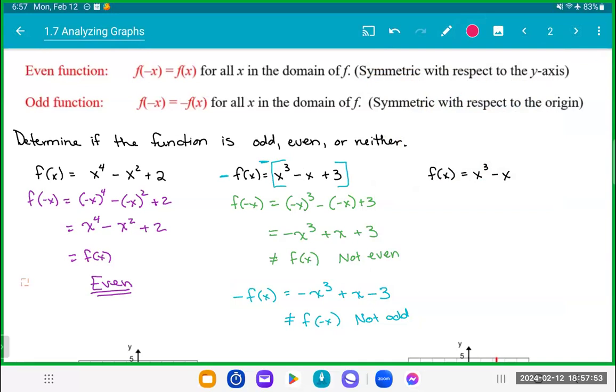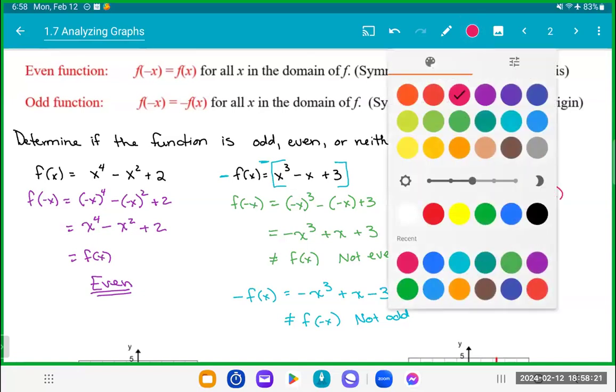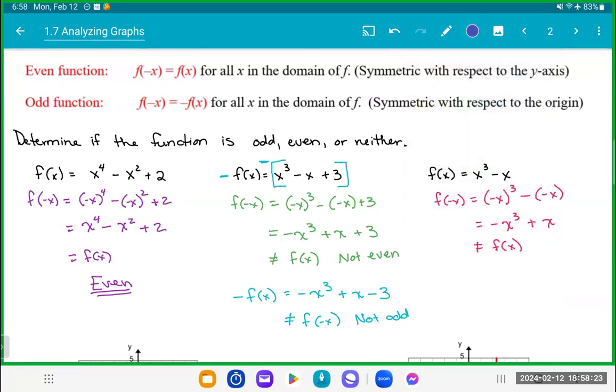Okay. So the next one here, we have f of negative x equals negative x cubed minus negative x. So that's going to give me a negative x cubed plus x. Okay. This is not my original equation, right? But now we want to test, is it the negative of the whole entire equation, right?